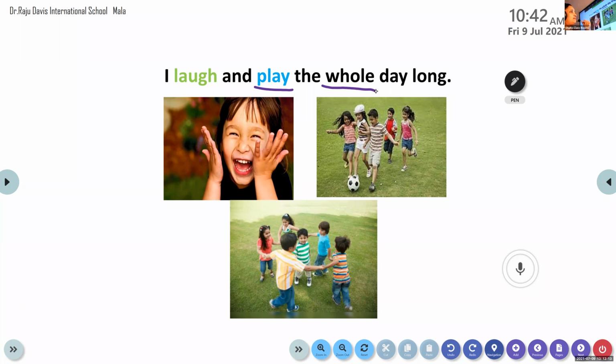The whole day means the complete day or the entire day, from morning till evening or till night also we can say. The child keeps herself busy by laughing and playing the entire day. Good effort, Jennifer. Thank you, ma'am. You're welcome.